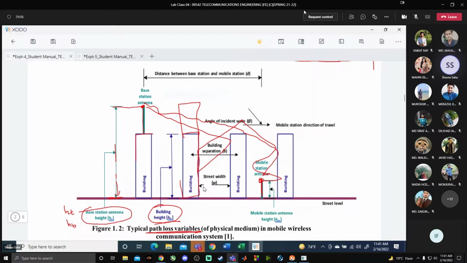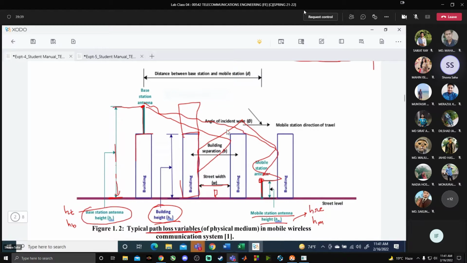And then the street width: what is the gap between the buildings? If you are in between two buildings on a street, this space will also decide how much loss there will be. Then the mobile station antenna height is another factor, normally represented by HR (receiver), HRE, or sometimes HM for mobile station.